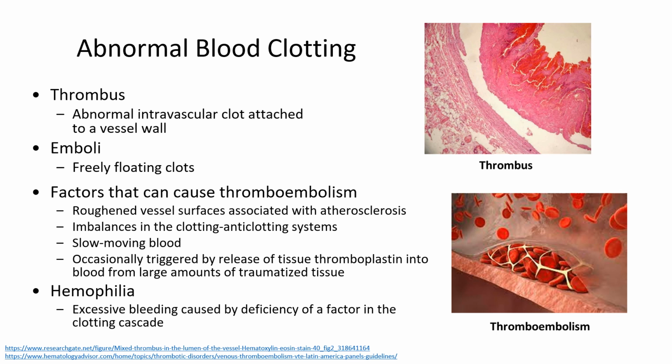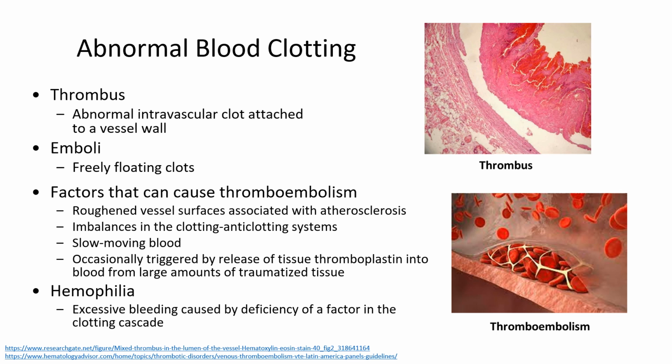So we've talked about blood clotting, we've talked about breakdown of clots, and we've talked about platelets. So let's spend a second to talk about abnormal blood clotting. A thrombus is an abnormal intravascular clot.